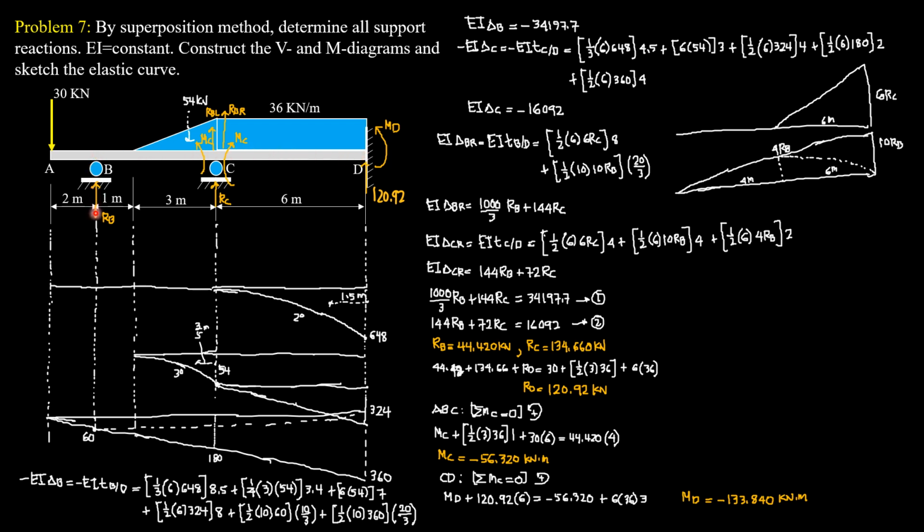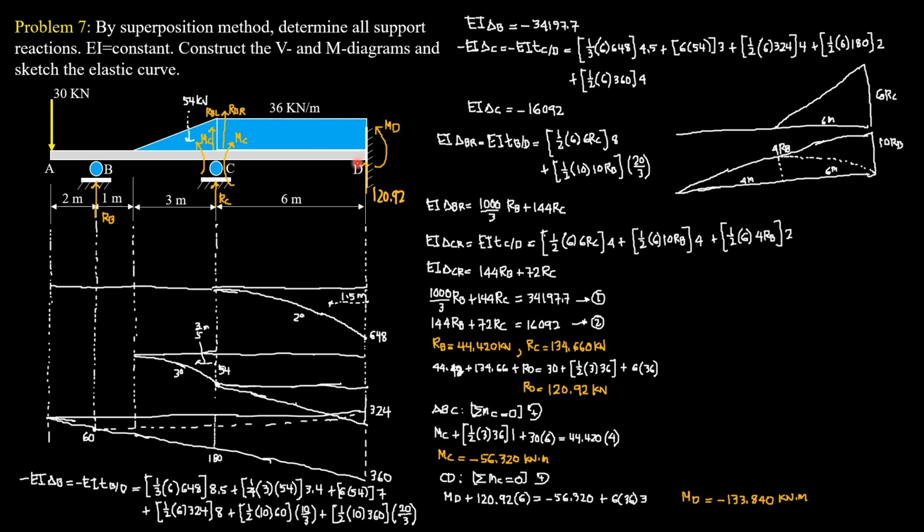The vertical deviation of B relative to the tangent at D is also interpreted as the deflection at B. It is expected negative because the deflection is downward. So I'll just put negative EI delta B, or negative EI deviation of B relative to the tangent at D.